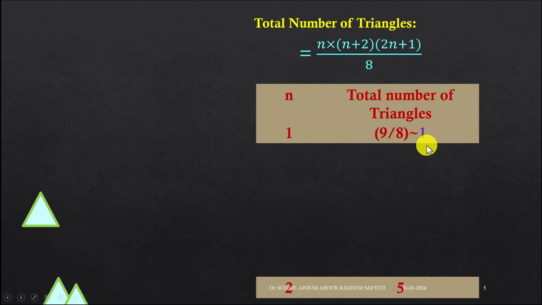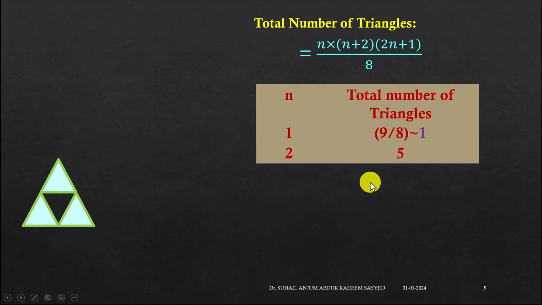Now if you put n equal to 2 in this formula, you will get 2 multiplied by 2 plus 2, that will be 2 into 4, so that 8 with this 8 will get cancelled, and then 2 into 2 plus 1 will be 4 plus 1, that is 5. So the number of triangles here will be 5.